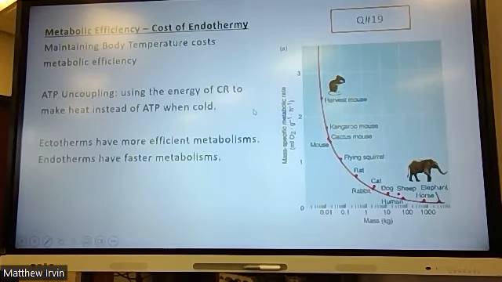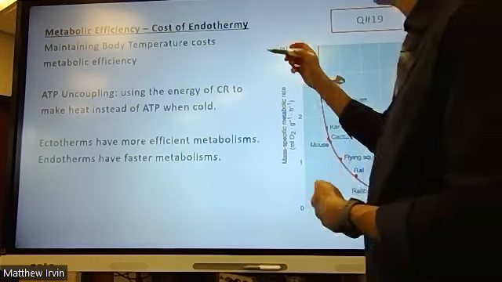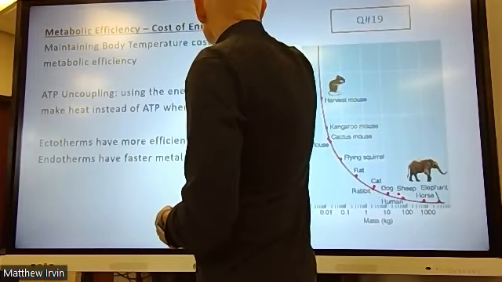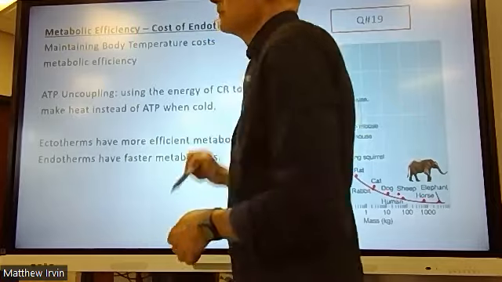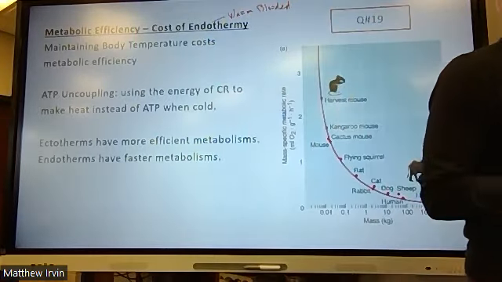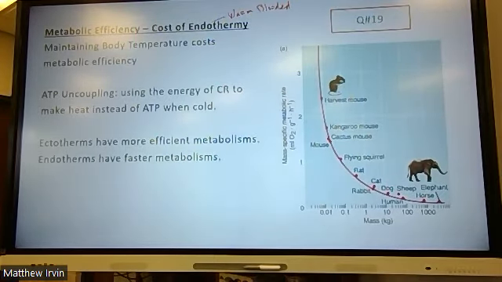All right, so briefly, metabolism and body size. If you are an endotherm, which means what? It's your body. Right, warm-blooded. The smaller you are, the faster your body and your metabolism has to work to keep you warm.